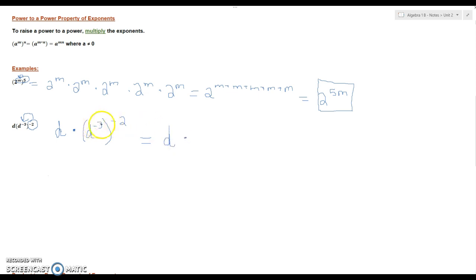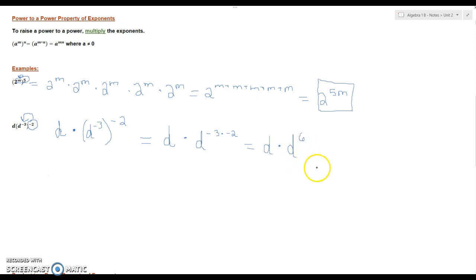And then our property says if I have a power to a power, I'm going to multiply those exponents. So I can rewrite this as d to the negative 3 times negative 2. So I get d times, and when I multiply those together, negative 3 times negative 2 is a positive 6.